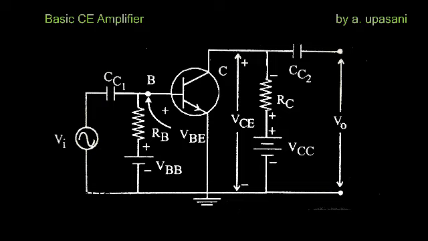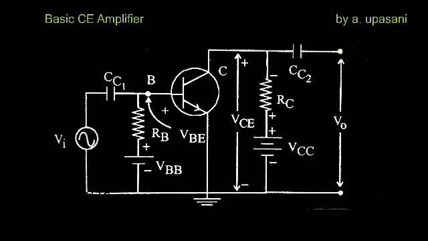So the DC from the previous stage of the amplifier has to be blocked. That is why this blocking capacitor is used. This capacitor only passes the AC signals from the input stage. So this blocking capacitor is very necessary in the common emitter or any type of amplifier.